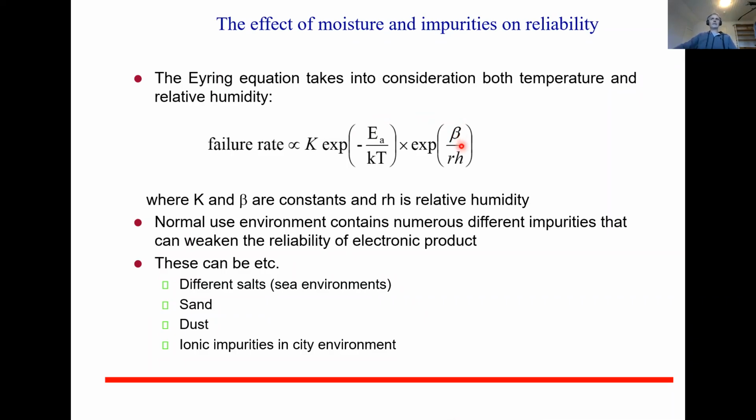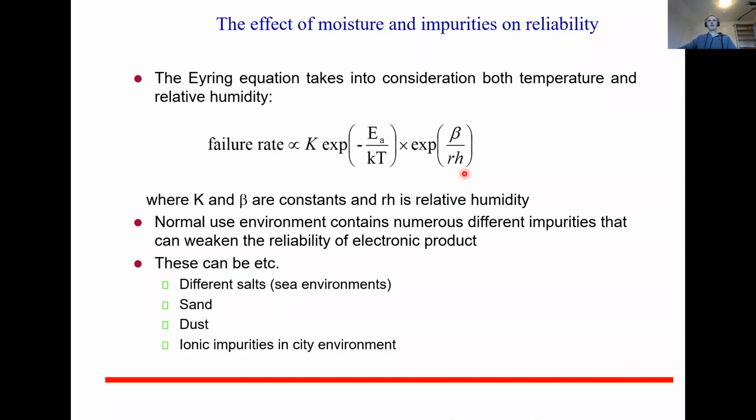But again, one needs to remember that this is just for temperature and humidity. It does not include any effects of the other impurities, salt, dust, whatever, which are coming from the environment. Next week I'm going to show you some equations where the impurities are also included.